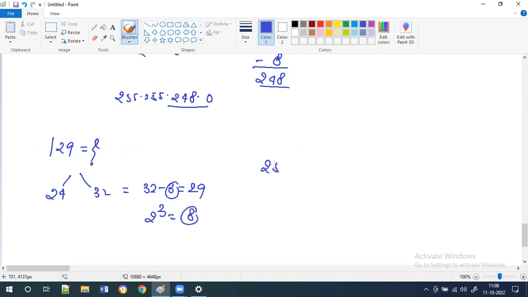And total is 256. Subtract 8, 248. So for this the subnet mask would be 255 dot 255 dot 255 dot 248. Clear? The third one is very simple. Done? Okay, let's come to the online method.